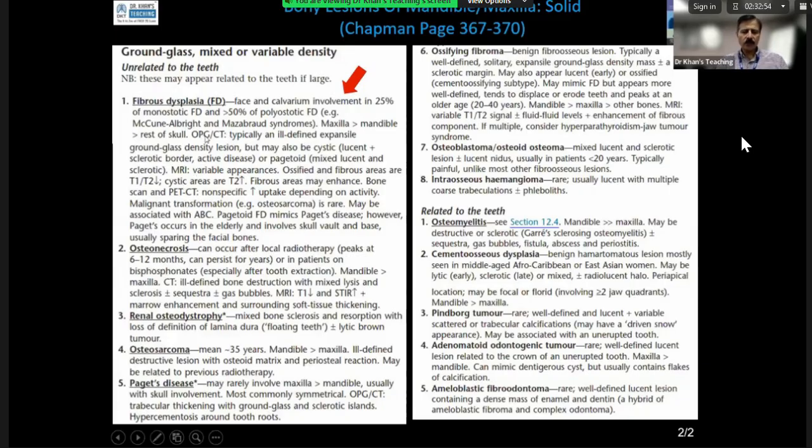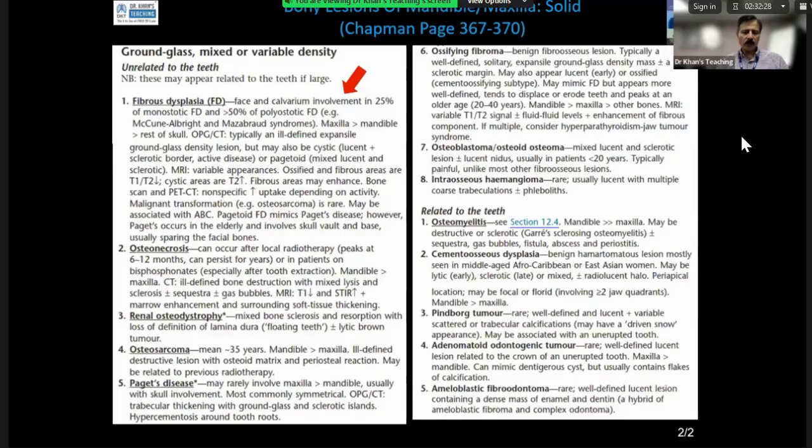But let me tell you that people think fibrous dysplasia is only ground glass. Do not think like that. It can be ground glass, but it can also be lytic, and it can be mixed, what we call Pagetoid. When it is lytic, it is more active, and it will show uptake on bone scan and PET scan.